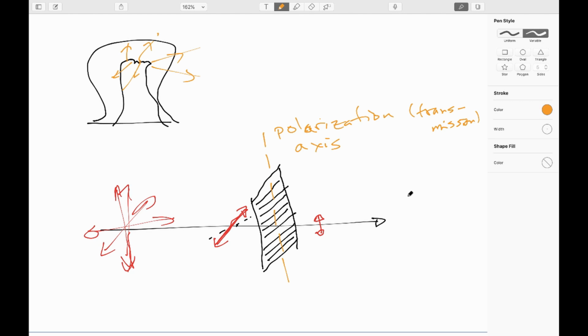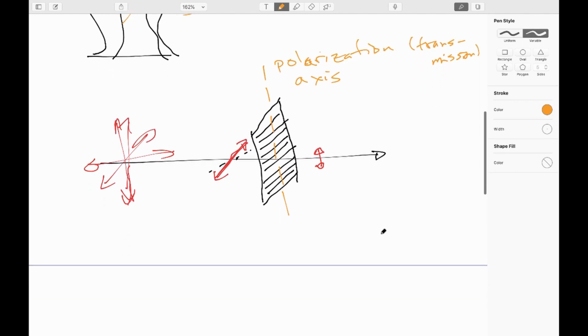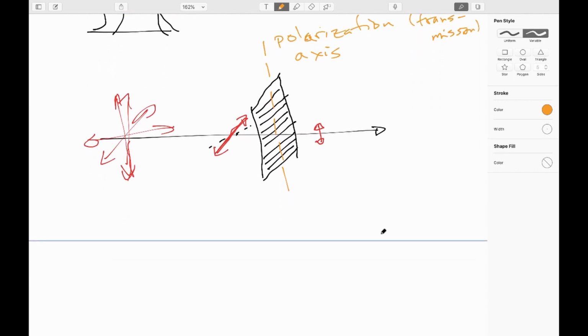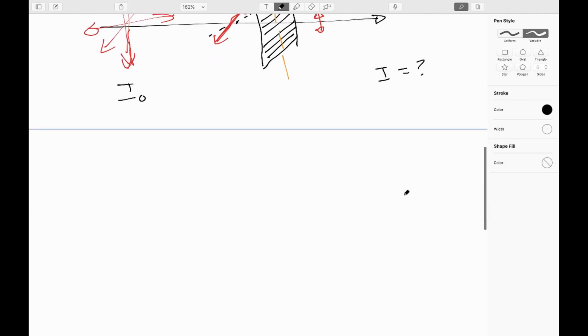So how much light is going to pass through? Well, let's say that the initial intensity of the light coming in is I0, and you would like to know what I is equal to. This turns out to get described by what we call the 1/2 rule.